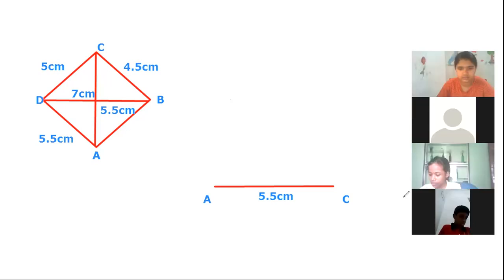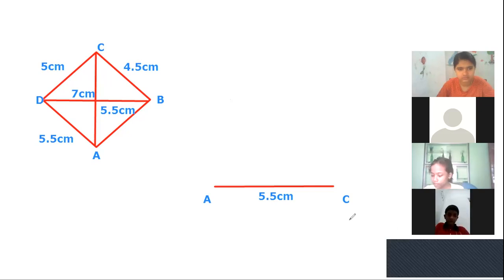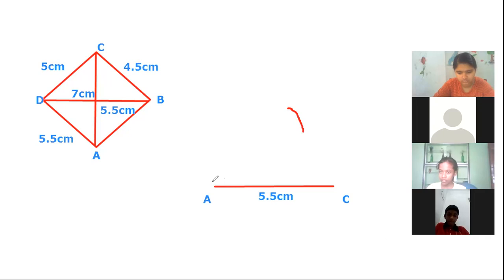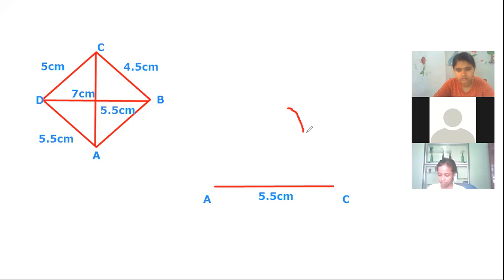Okay. Did you take 5.5 centimeter in your compass? Yes. After taking 5.5 centimeter in your compass, you just place your compass at A. The sharp edge of your compass has to be placed at A and mark an arc like this.